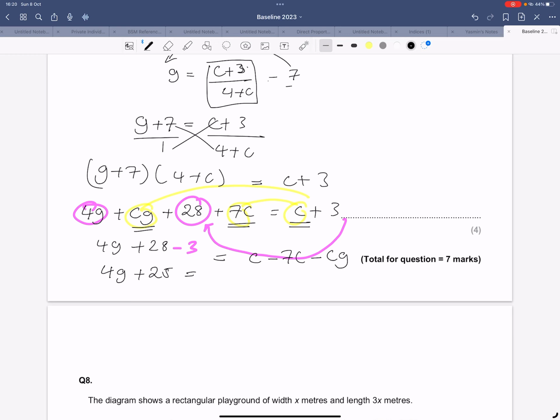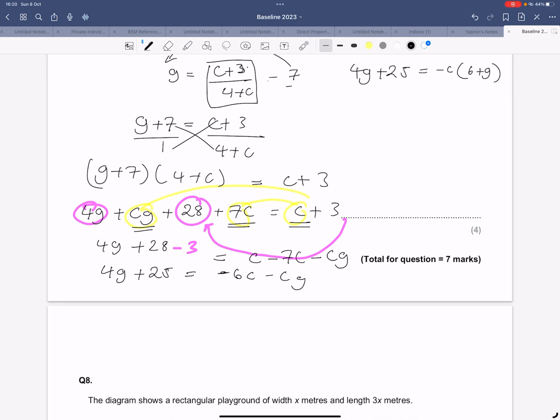Well, if we reduce this one, it will be C minus 6C minus CG. So 4G plus 25 is equal to, if I take out minus C on this side, then I'm left with 6 positive plus G.